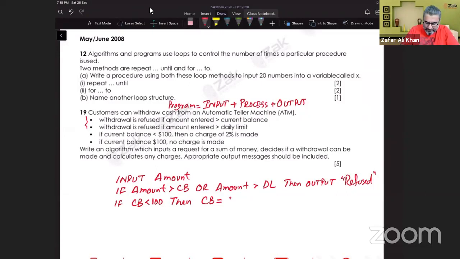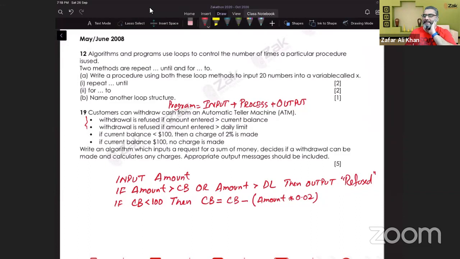Current balance is equal to current balance minus 2% of the amount. अगर आपने अमाउंट 50 रुपए निकलवाया तो उसका 2% बनता है 1 रुपया. वो आपके करंट बैलेंस में से पहले माइनस होगा, फिर आप अमाउंट विड्रॉ करेंगे.